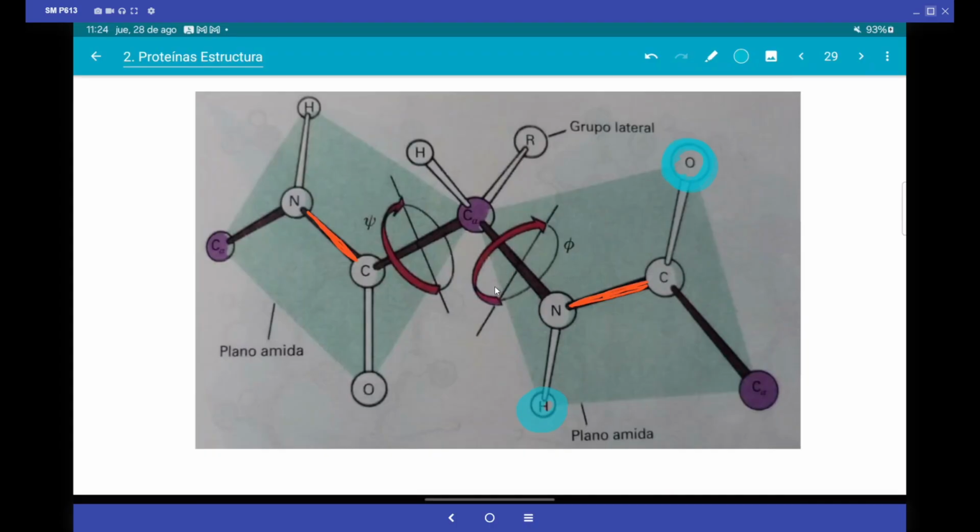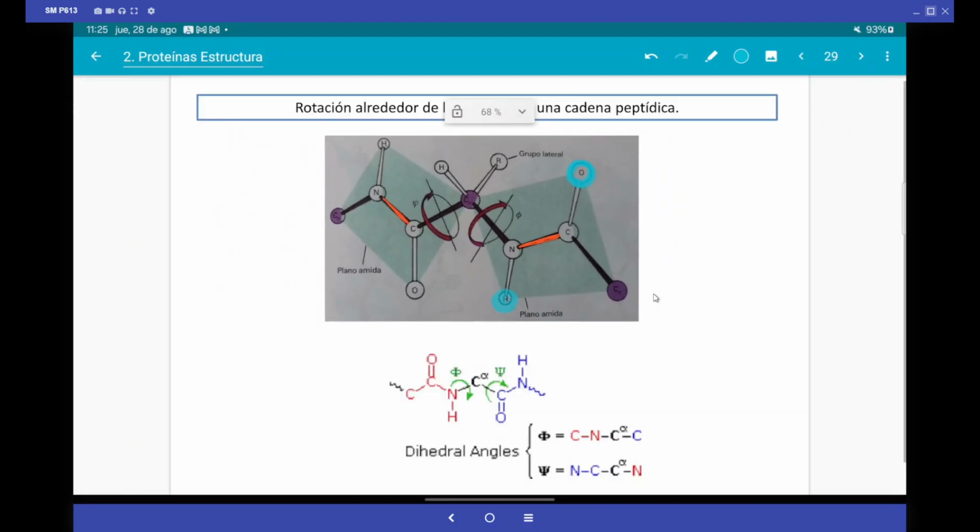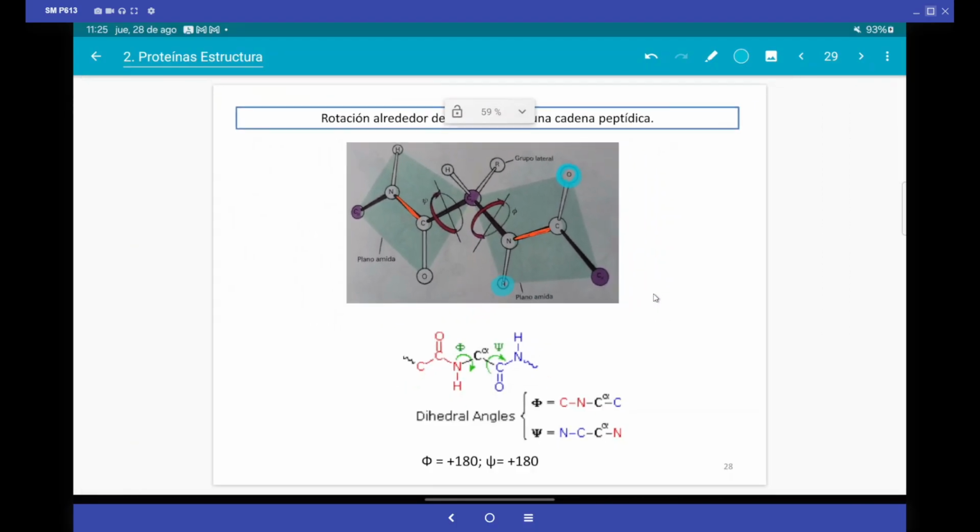What else can we say about this? That what rotate are the psi and phi angles. They are not rotating all the time, because if not the protein would have different forms over time, but it adopts a fixed disposition, and that generates an energy expenditure associated with rotation.